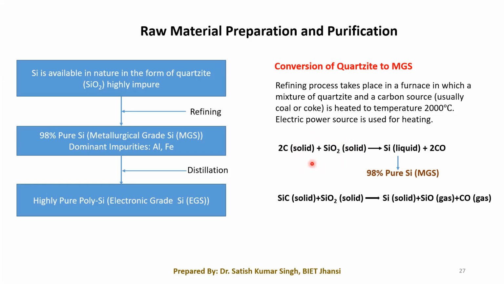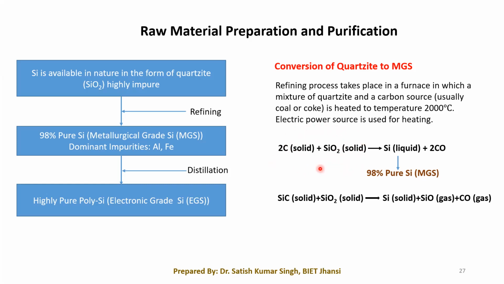We mix it up, and in this mixture we submerge an electrode, and through that electrode we pass the current. When we pass the current, due to the arc, this mixture will get heated.